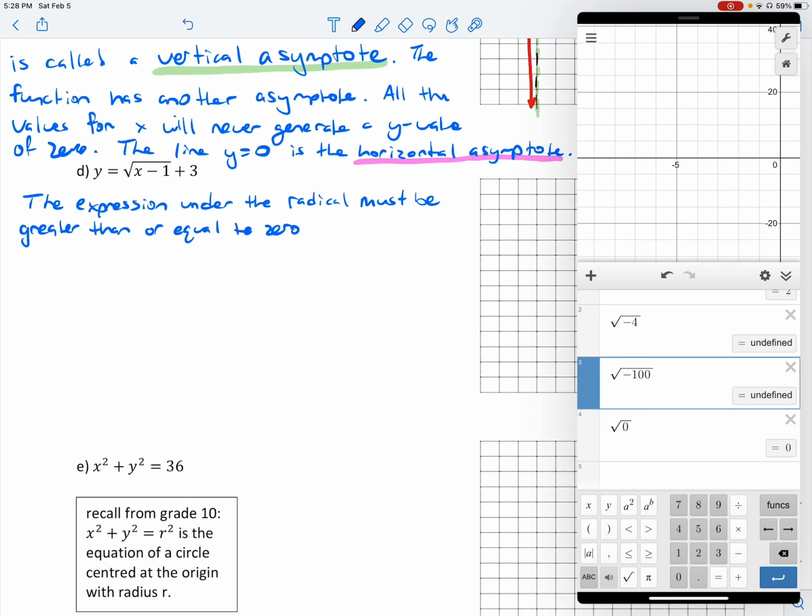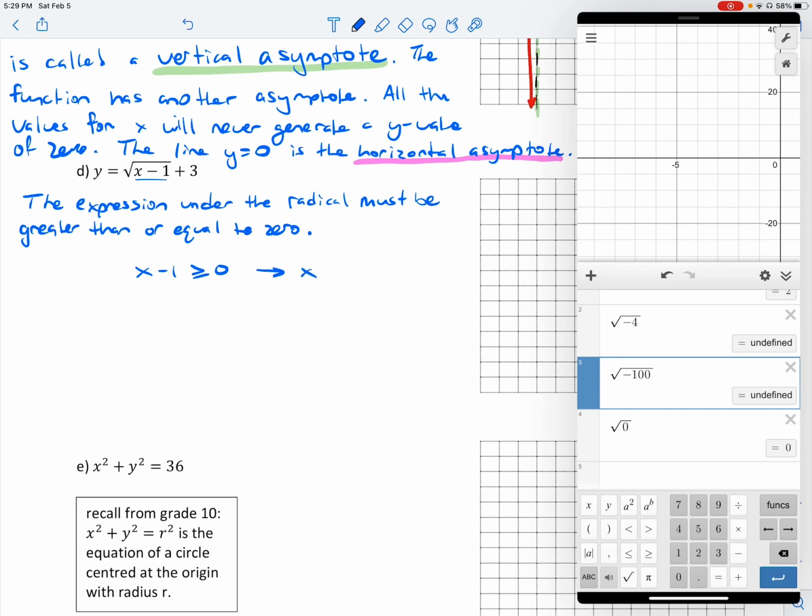Basically, for the square root of x - 1, let's get rid of the root part. Just the expression under the radical, the x - 1, needs to be greater than or equal to 0. What does that mean?